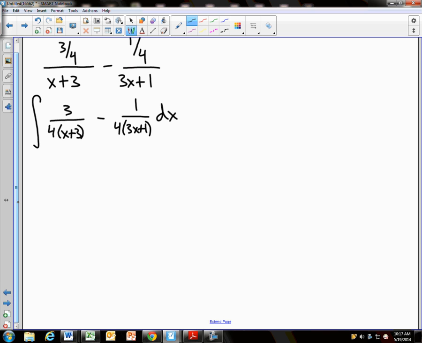If you want to integrate this, I would integrate it in simply two pieces. 3/4 times the integral of 1 over x plus 3 minus 1/4 times the integral of 1 over 3x plus 1, both with the dx.